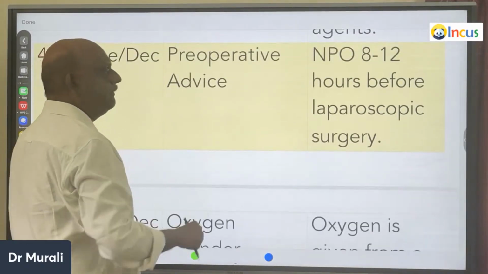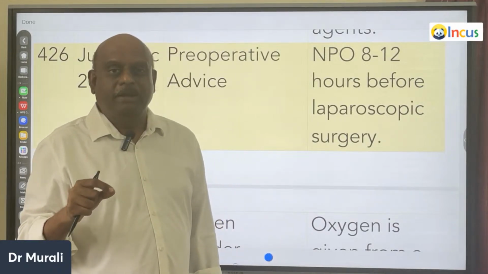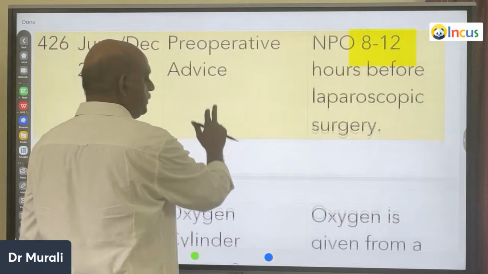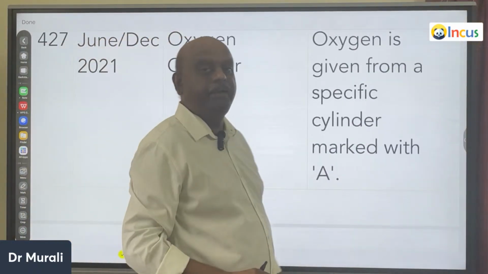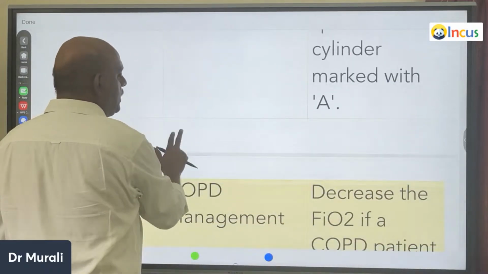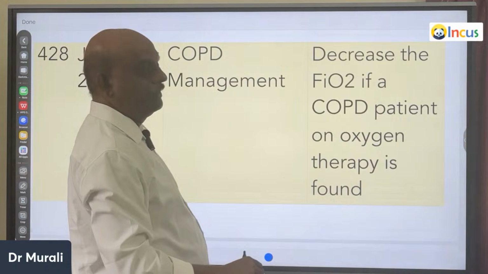Now, for how long before a laparoscopic surgery do you need to keep the patient nil orally? For about 8 to 12 hours. So once more, in every exam you go, oxygen cylinder color coding is a favorite question.